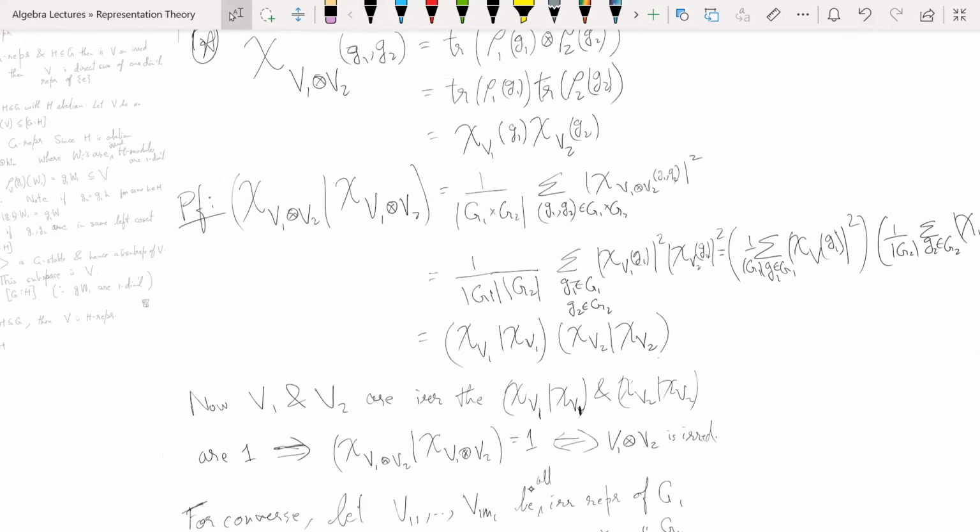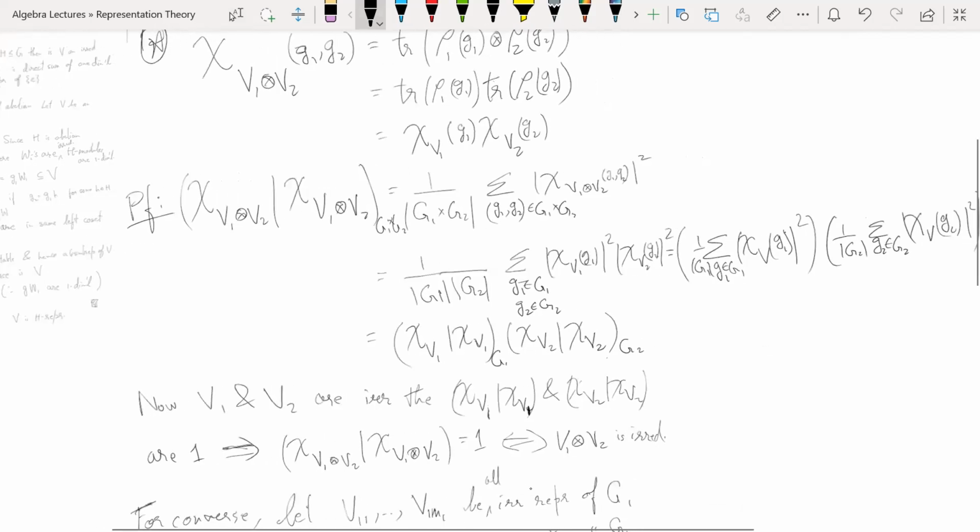So maybe I should put that this is on G1 and this is on G2. So the sums are over different indexing sets.